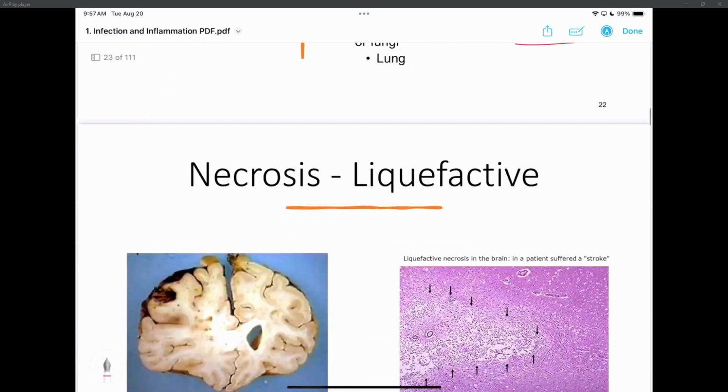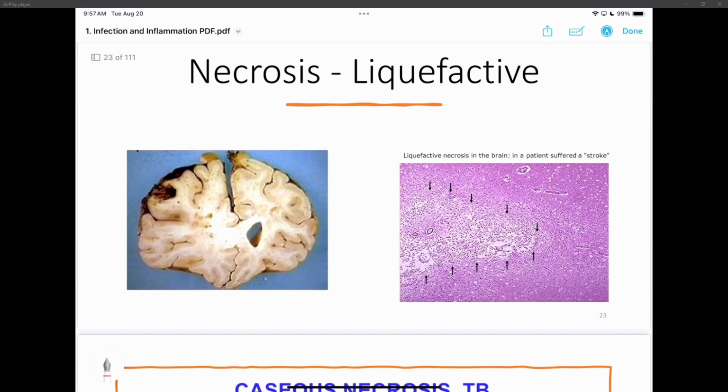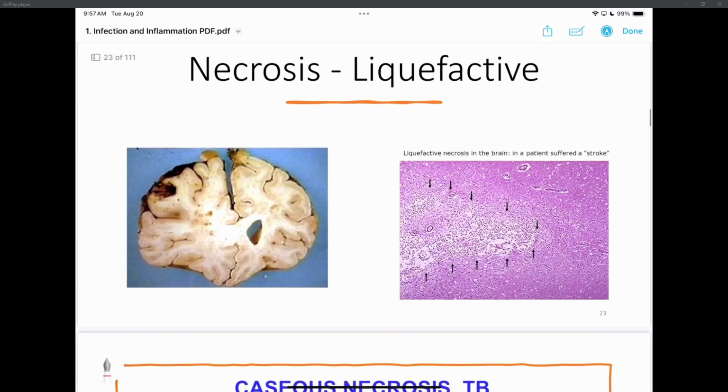Okay, so here are some pictures. Here's liquefactive necrosis. You can see where all those arrows are. They're kind of demarcating an area, and you can see how the tissue inside that red area is different than the other side around it. It's liquefactive necrosis, turning it into liquid. And you can see in the brain, you're having an area missing.